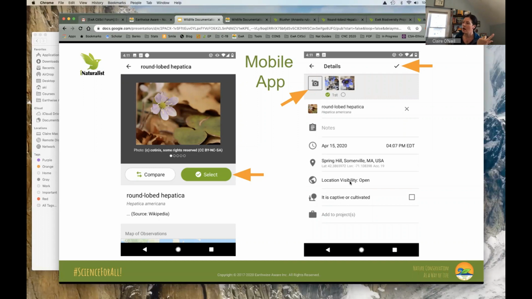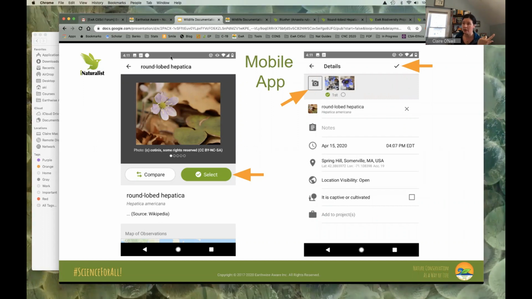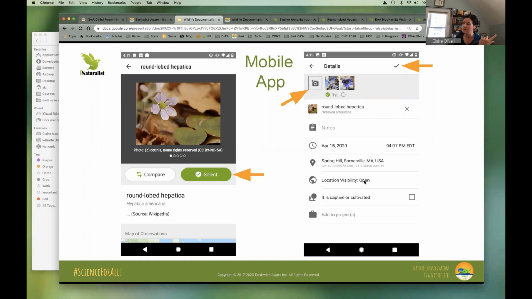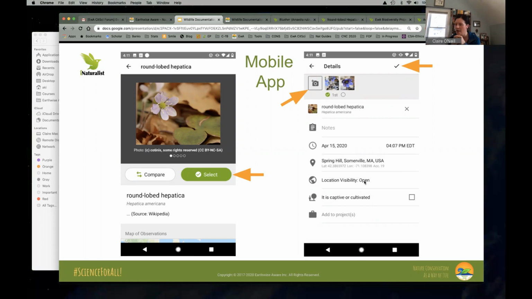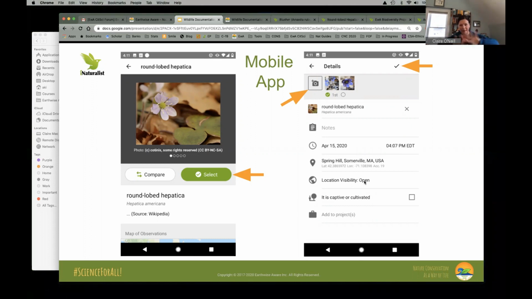If it's not an endangered species, and I don't think that the round-lobed hepatica is, it would leave it there. But for this one, we decided with our team to obscure it, to make it private. I think it's private or obscured, I forgot. We'll double check when we go live. But anyway, we removed the public access to that.